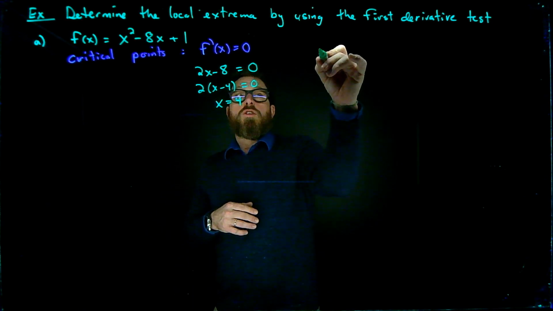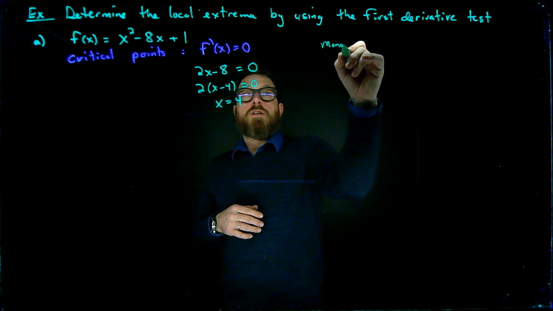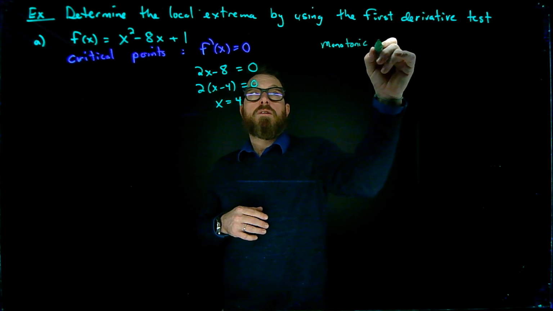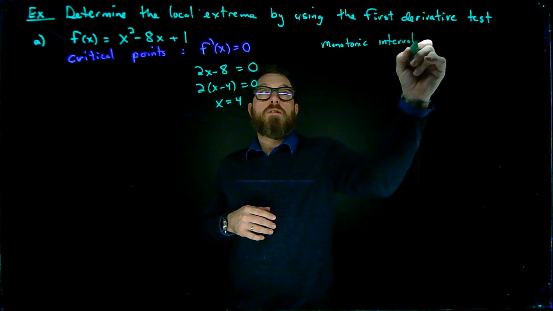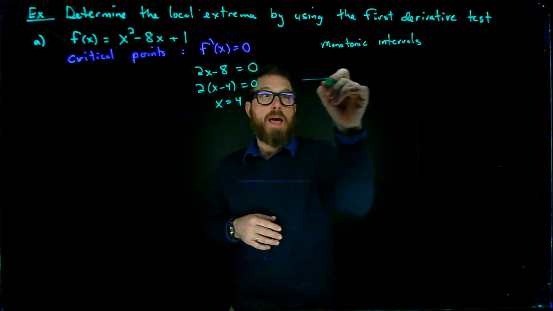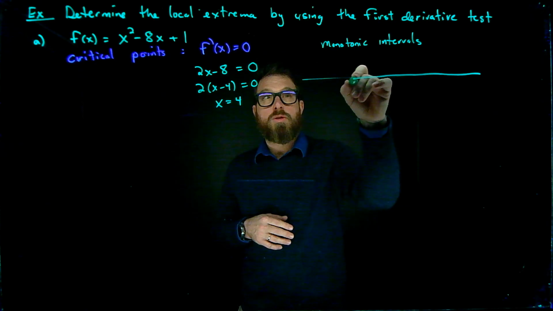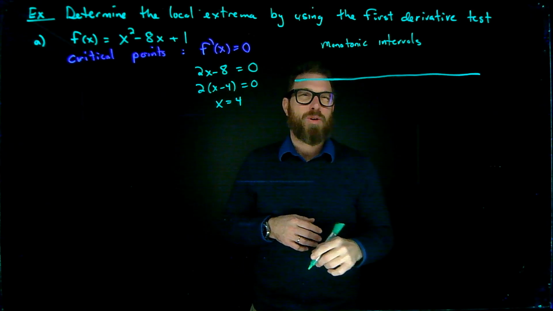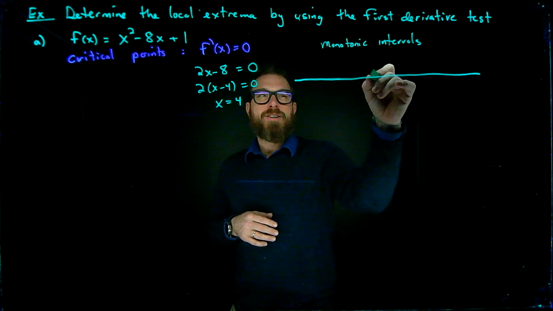So now we're going to look at the monotonic intervals. The way we're going to pull that off is, we're going to have some axis right here, and it's going to be cut at 4.